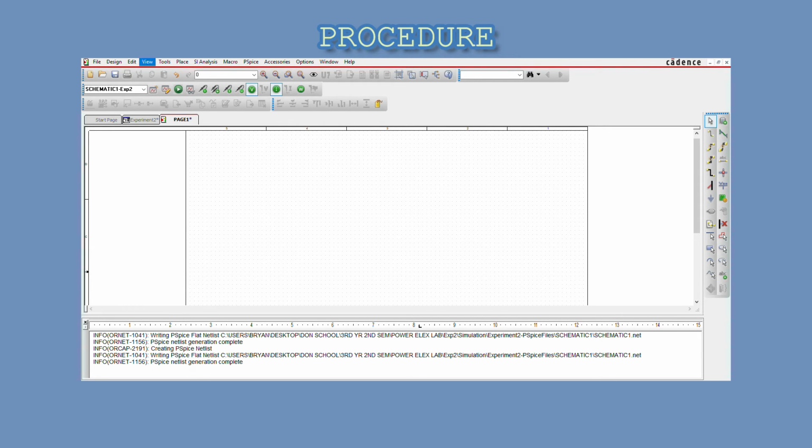The second part of the experiment will be tackling RMS values. Now let us try to build the circuit. The circuit would use a pulse source. Now let us edit the configurations. Now let us add the resistor.